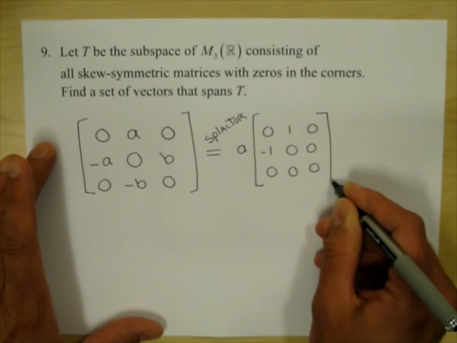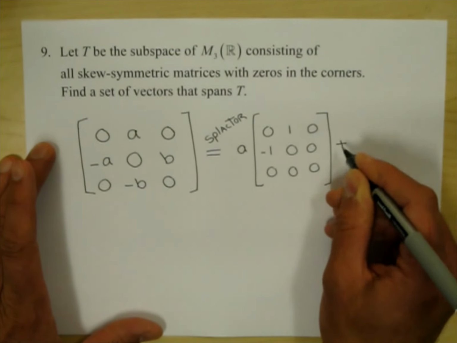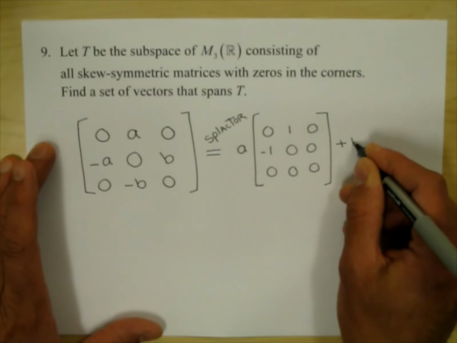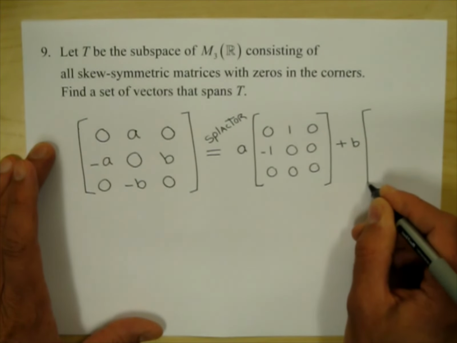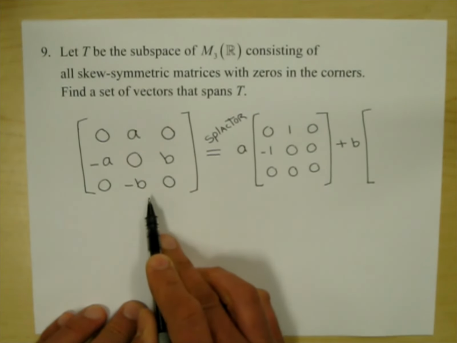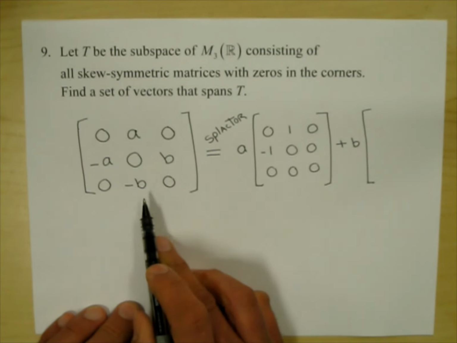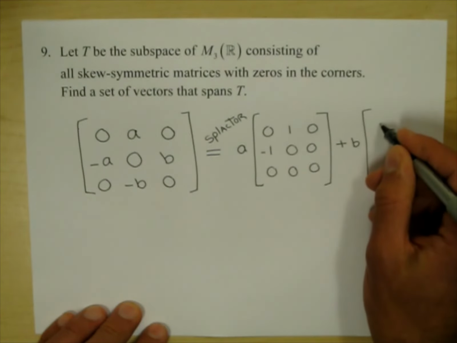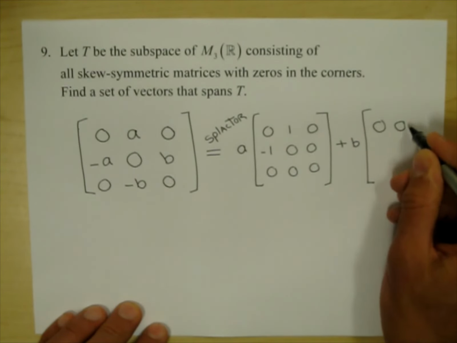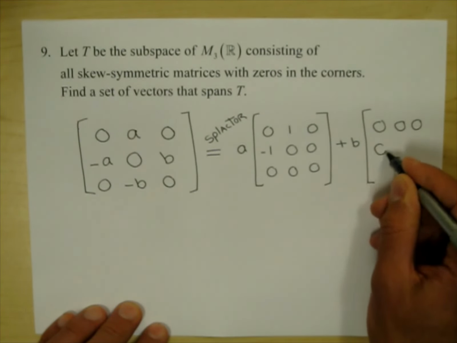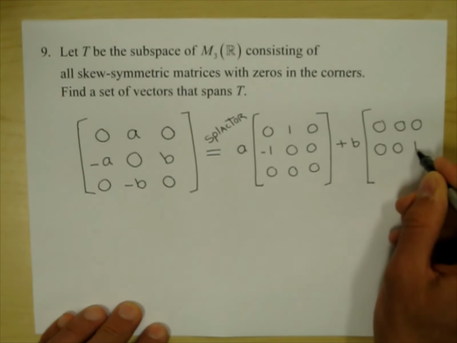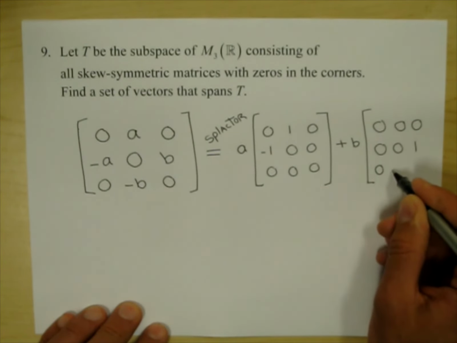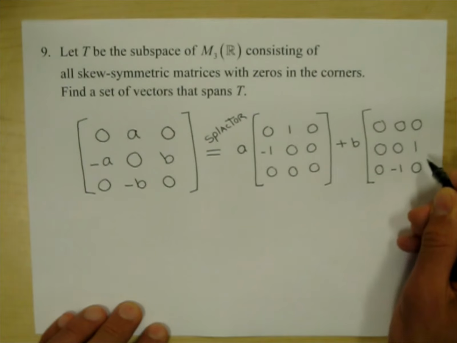So there's the first one, plus, and now here's the one with the B's. So this is splitting. We split this into two matrices with matrix addition, and then we factor out the A, factor out the B. So this one's going to be a row of zeros on the top, and then 0, 0, 1, 0, -1, 0.